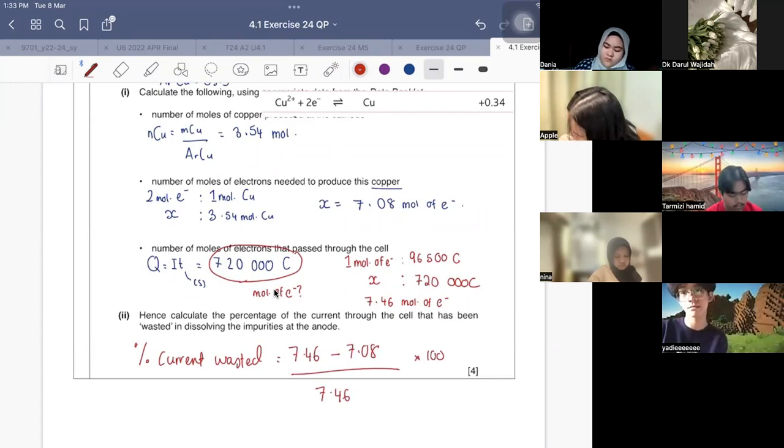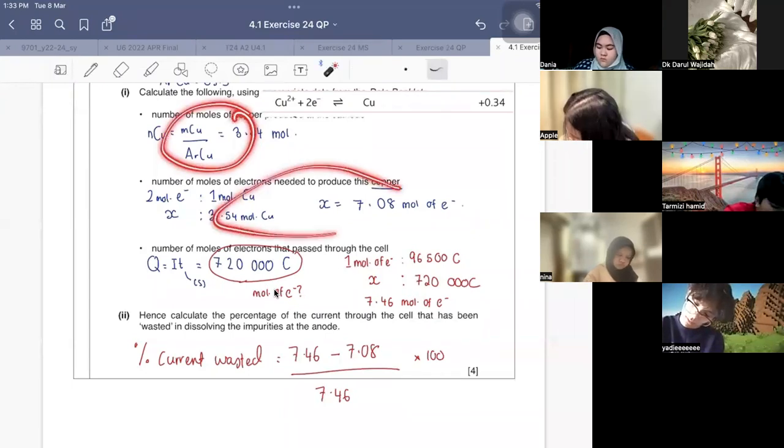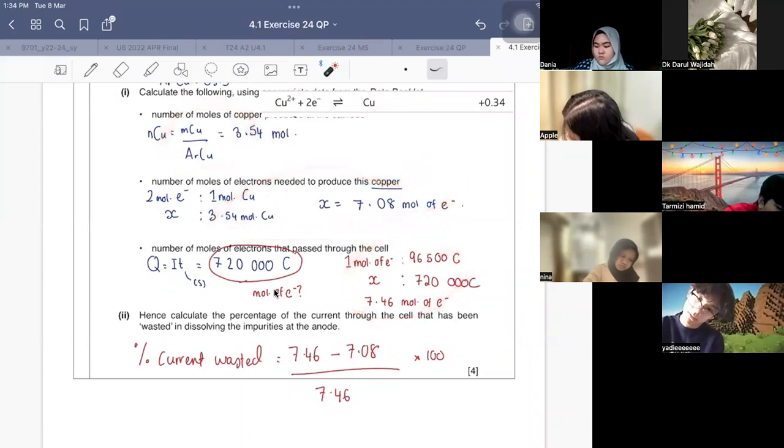Okay, so this kind of question is not in your notes, but if you look at the calculation, these are things that you know or that you can make sense of.